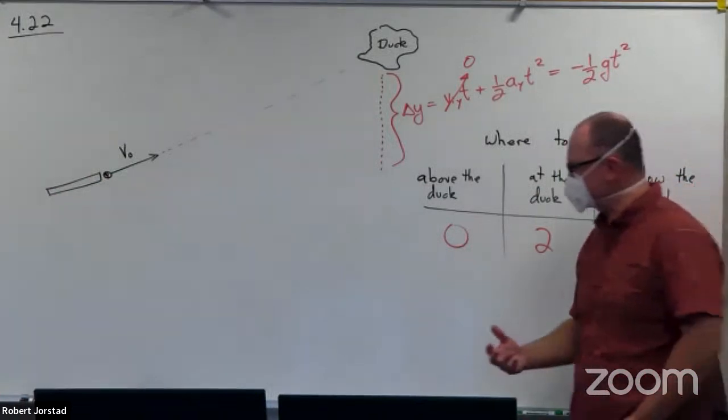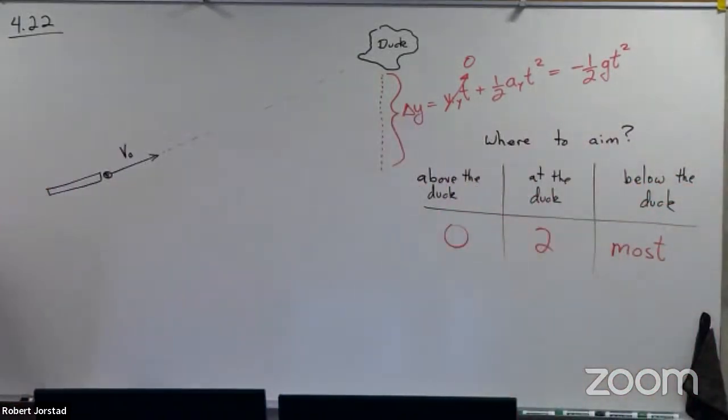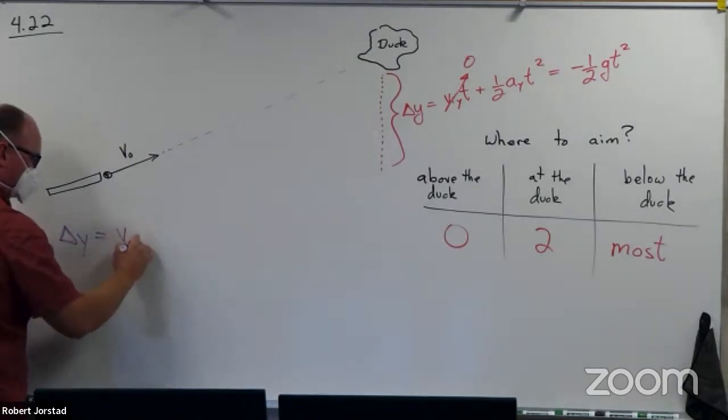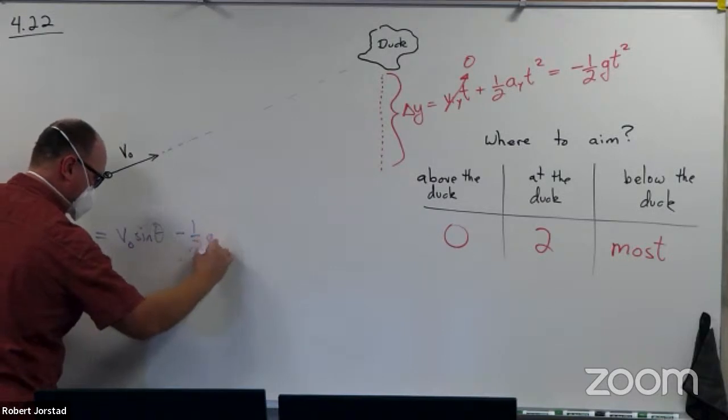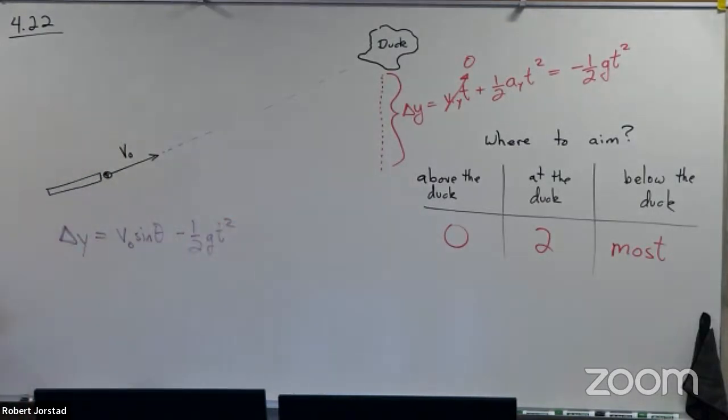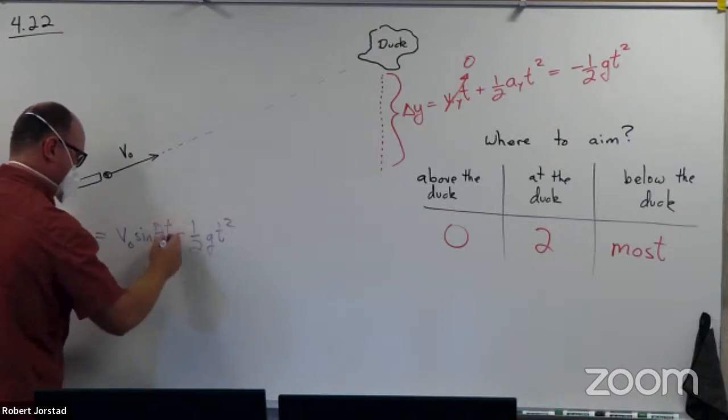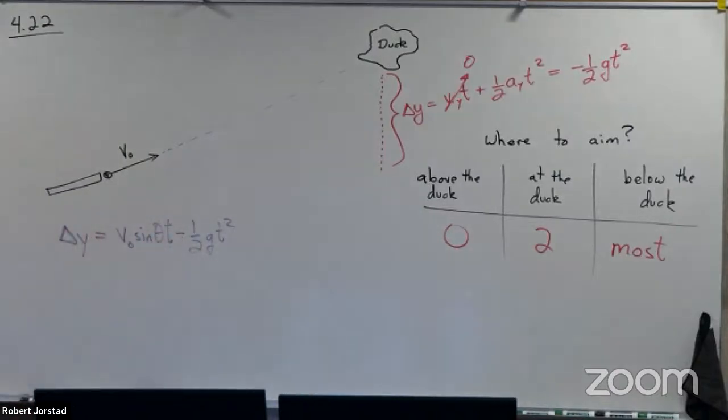Another marker. There. Cheating a little bit here. Look. Oops, I forgot a t. Think about this case. The idea is this v0 sine theta t, that's the straight line path.